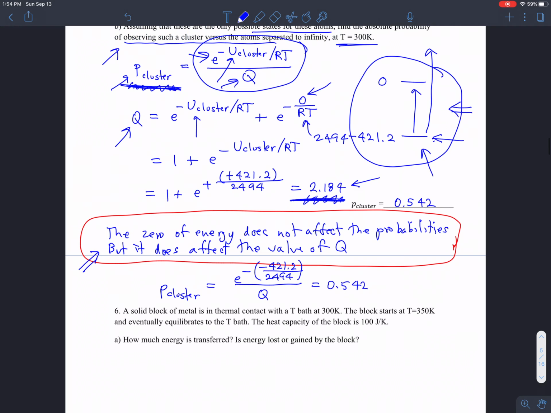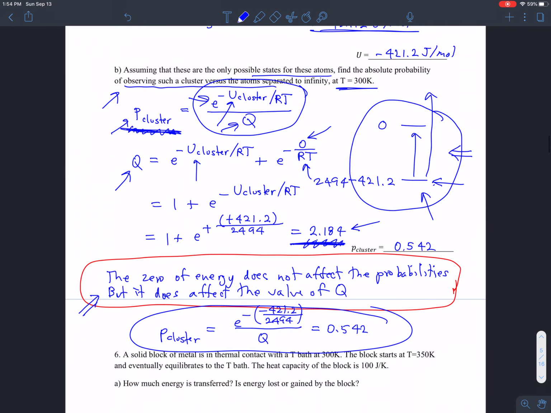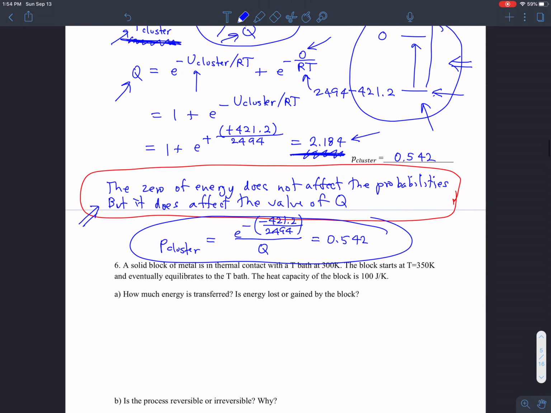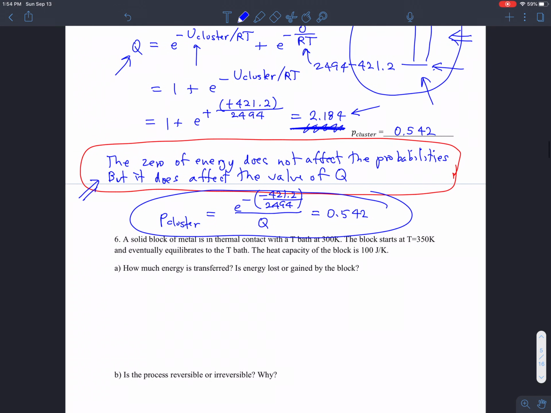So that's the only answer that was required for part B here. It doesn't actually ask for it, but we could calculate the probability of the cluster being separated to infinity. That probability is just 1 minus, right? It either has to be in the cluster or separated to infinity, so that would be 1 minus 0.542, which is equal to 0.458, I think, if I did my arithmetic correctly there. All right.